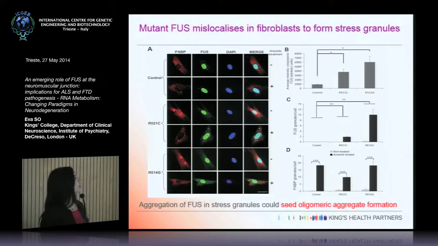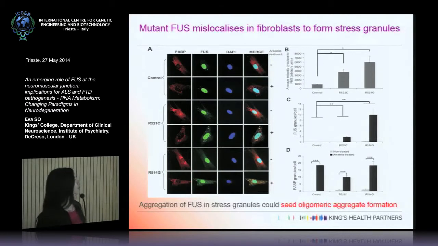So we also looked at patient fibroblasts. You can see that in the mutant fibroblasts, there is a significant increase of cytoplasmic staining of FUS. And when we add arsenite treatment, which causes oxidative stress to these fibroblasts, there is a significant increase of PABP-labeled stress granules in the controls and also in the mutant FUS.